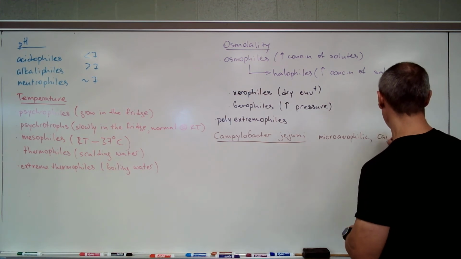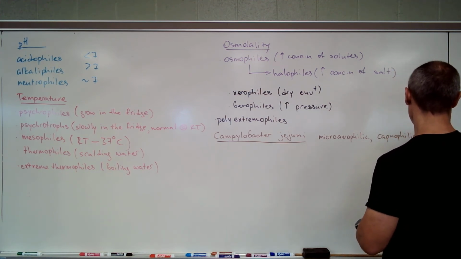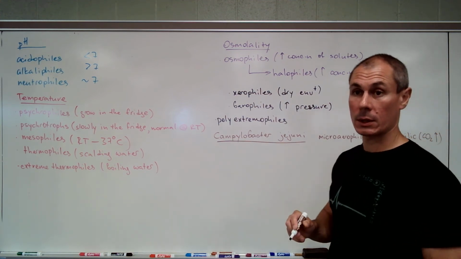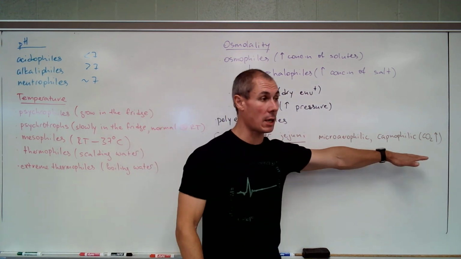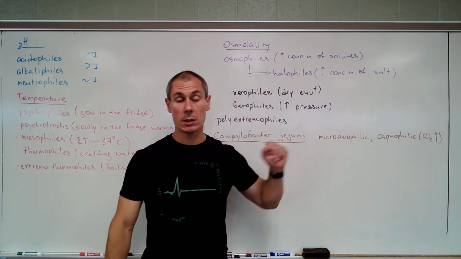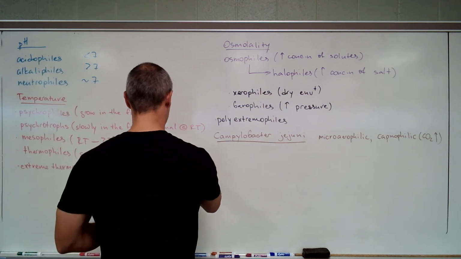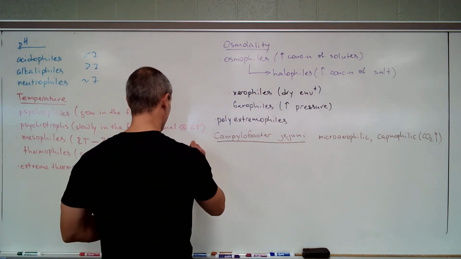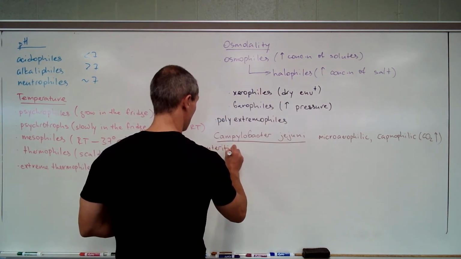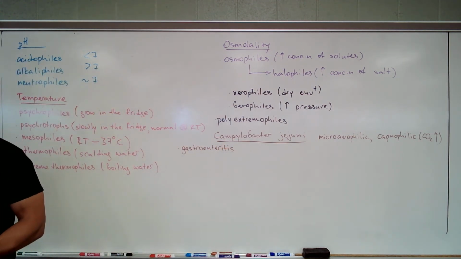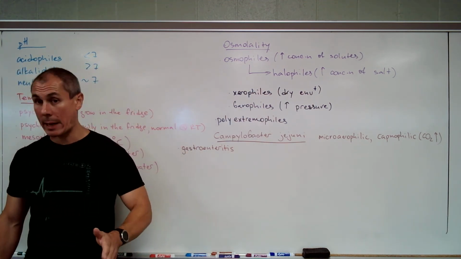Capnophilic means it requires CO2. Okay? So very specific concentration of oxygen, elevated concentration of CO2. This is what Campylobacter jejuni requires. What does it cause? It causes gastroenteritis. Okay? Garden variety gastroenteritis with diarrhea, vomiting, abdominal cramps.